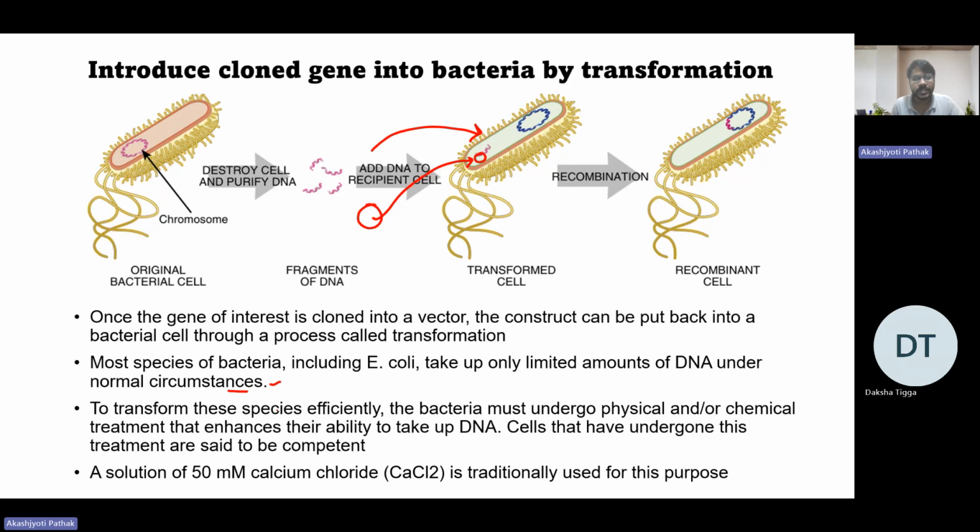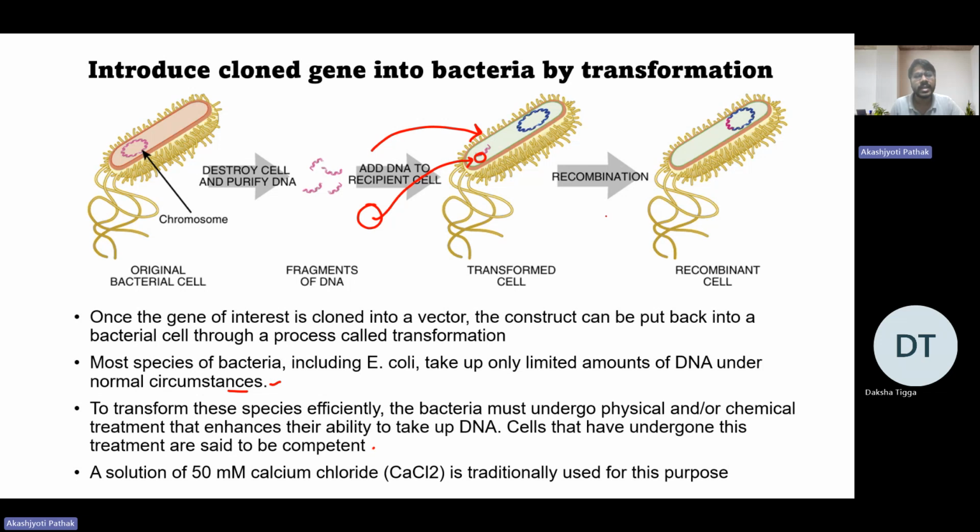So to transform these species efficiently, the bacteria must undergo some physical and or chemical treatment that enhances their ability to take up DNA. Cells that have undergone this treatment are said to be competent. In a normal situation, the bacteria will not take up the plasmid DNA on its own.